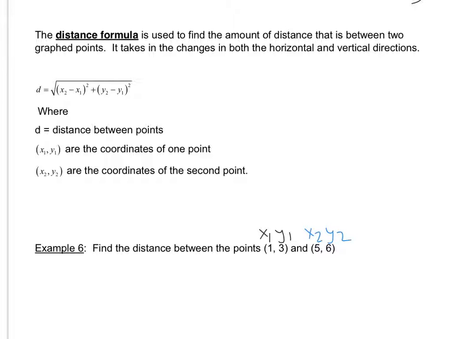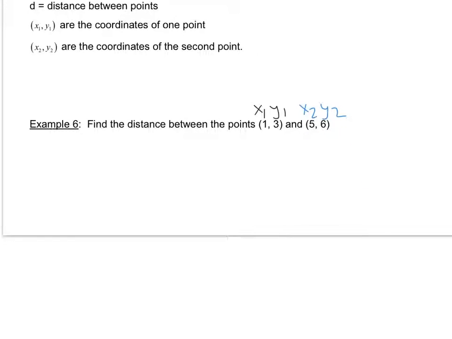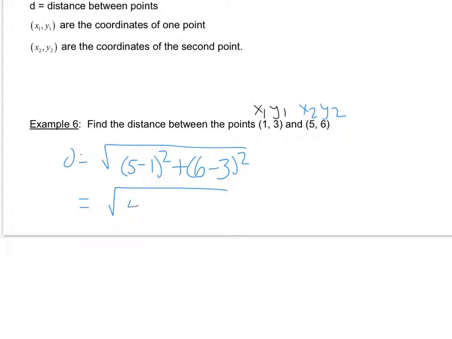Okay? And then set it up. So distance equals the square root of x2 minus x1 squared plus y2 minus y1 squared. So it's the square root of 4 squared plus 3 squared.